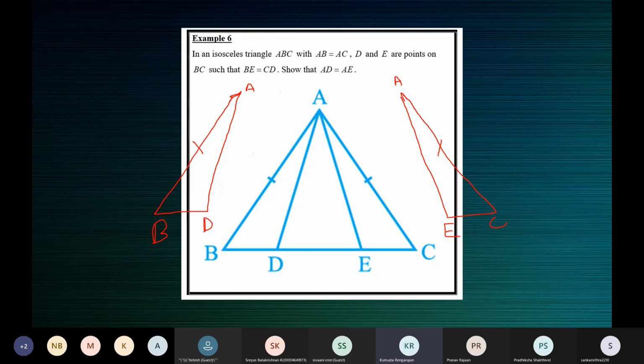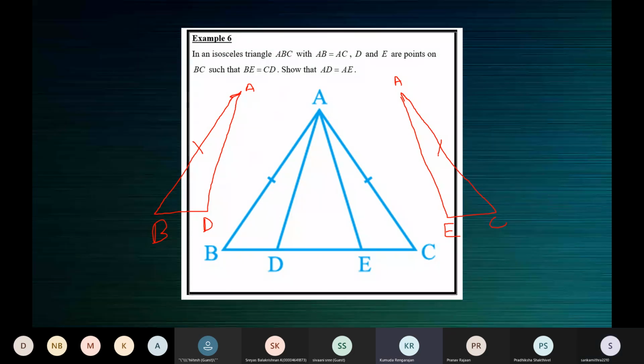We have taken triangle ABD because it has AD in it. We have to show that AD is equal to AE. Can you also prove this using triangle ABE and triangle ADC? Yeah, we'll do that also.